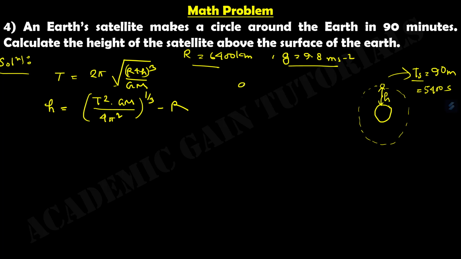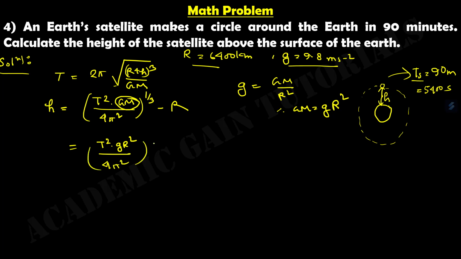We know g equals GM by r square, or you can write GM equals small g r square. So we substitute capital GM with small g r square. Then I will get t square into g r square by 4 pi square, to the power 1 by 3, minus r.